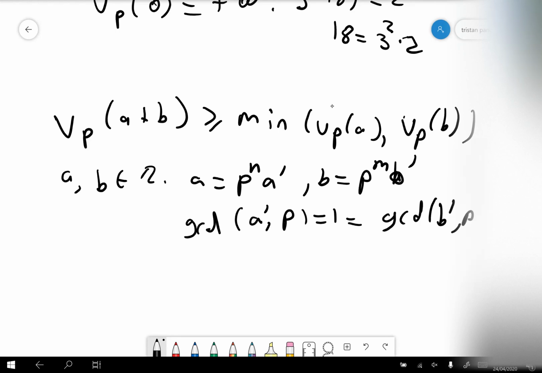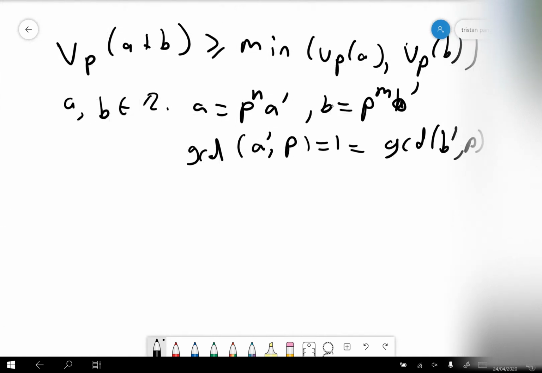That just makes sure that n and m are indeed the largest powers of p inside a and b respectively. And then we can do a couple of inequalities.